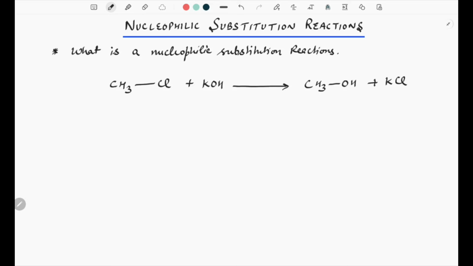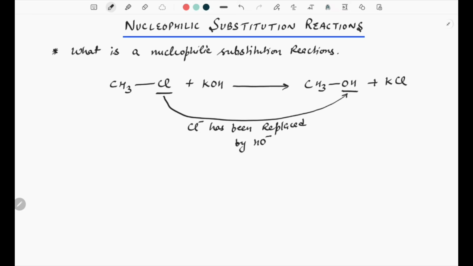So what is happening in this reaction is that this Cl has been replaced by OH. Clearly this Cl has been replaced by hydroxide. Okay?